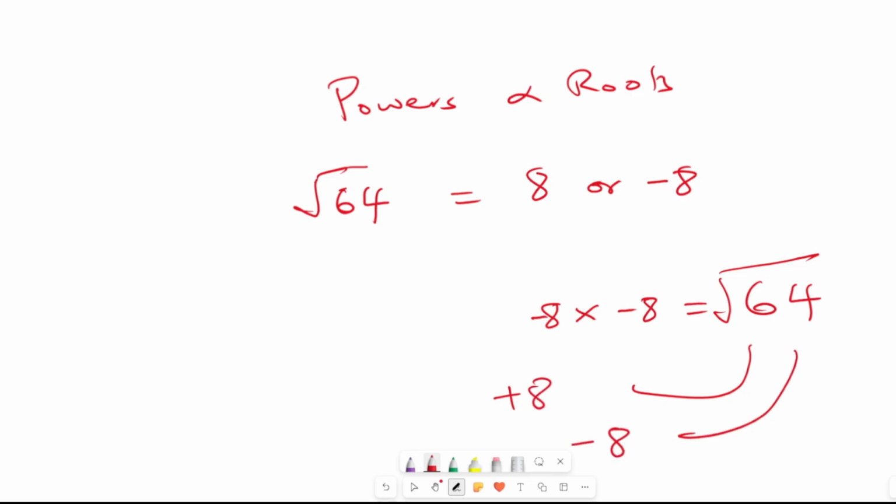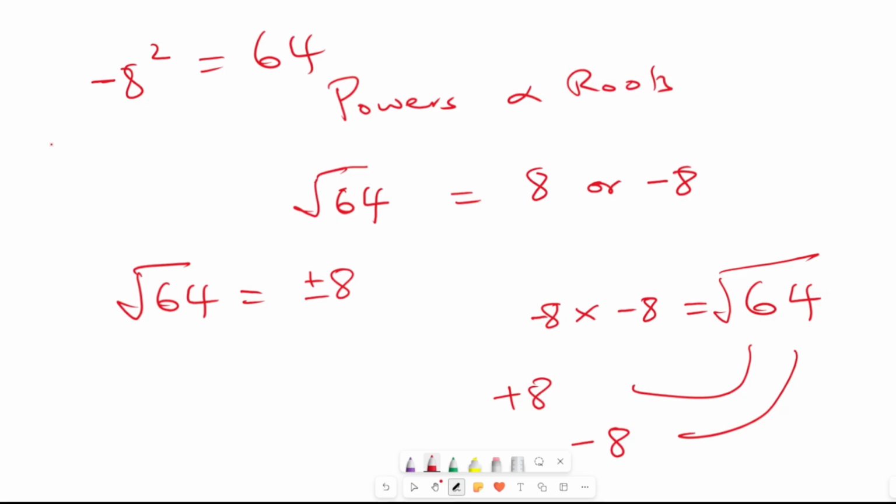So strictly speaking, if I ask you what is the root of 64, your answer should be ±8. It can be either, and either is correct. The same thing when you have the square of a negative number: -8 squared is 64, because -8 times -8 is 64.